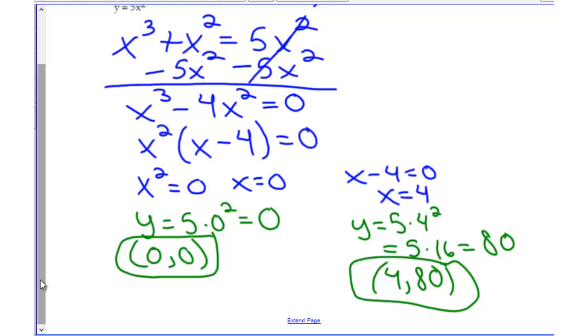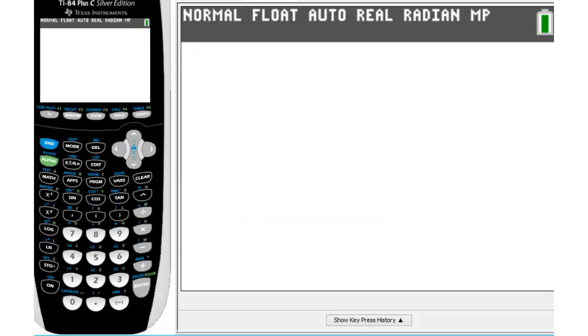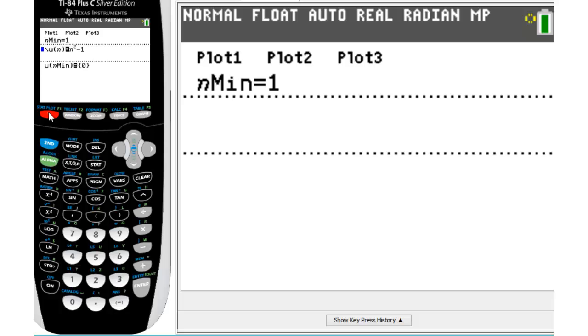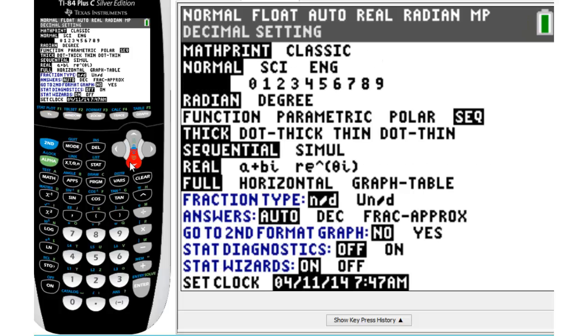All right, so the next one is number 4, where we are solving graphically. So we'll need our calculator for this. And the problem is 3 to the negative x is one of them. I'm in the wrong mode.